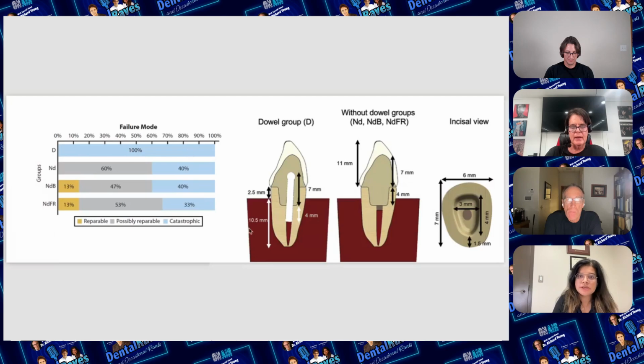I can tell you that's been my experience over the years. I think part of the reason is that when you place that post on the left, you end up damaging too much tooth structure. I'm not so sure it's so much stress to the root, because you were showing that the post actually fractured.